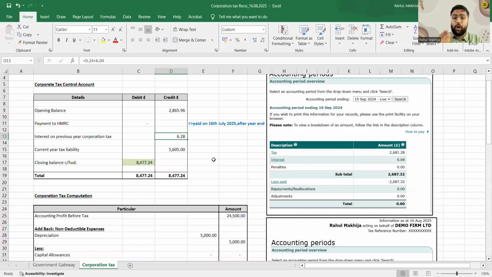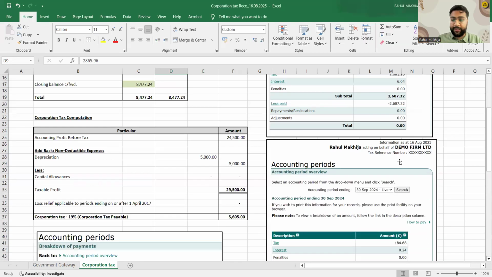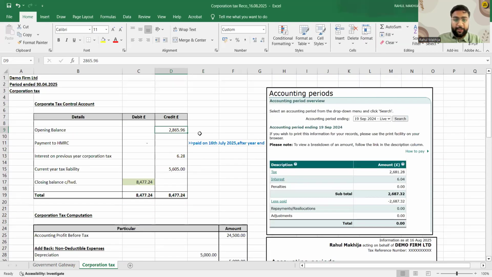If we would have recorded the interest in the prior year only, then this liability would not be the same and would not match as per the snapshot here. This would differ, and this would be 2,872.24 pound if we had already accounted interest.